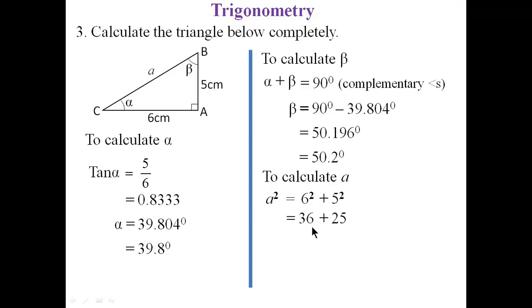So 36 plus 25 gives 61, meaning A squared is 61, and A is square root of 61, which is 7.81 centimeters to 2 decimal places, and finally we have it as 7.8 centimeters to 1 decimal place.